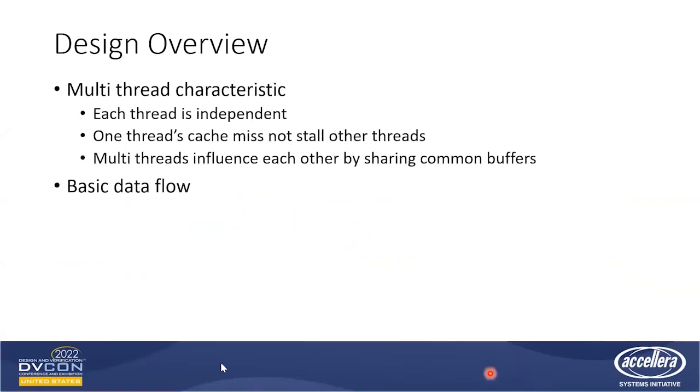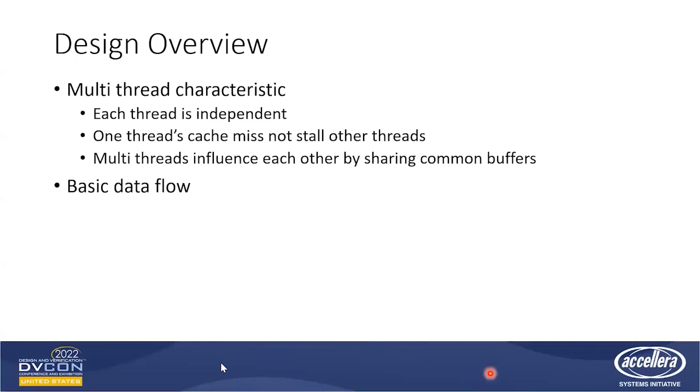This is a multi-thread design. Each thread is independent, which means the instruction types each thread can send are the same, and in some ways, it can be recognized as two cores or multi-cores. One thread's cache miss will not stall other threads, and the threads influence each other by sharing common buffers.